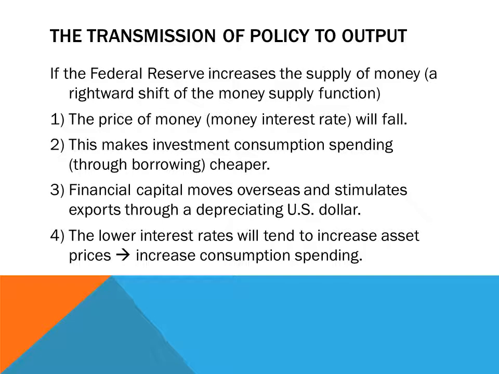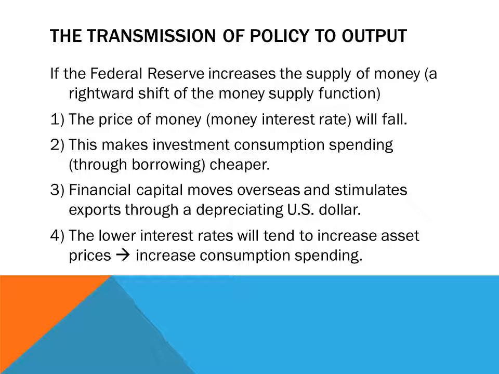Now we need to take a look at the transmission mechanism of monetary policy and GDP, or national output. If the Federal Reserve increases the supply of money, which represents a rightward shift of the money supply function, four main things will happen. First, the price of money, or the money interest rate, will fall. Then this will make investment and consumption spending through borrowing cheaper.